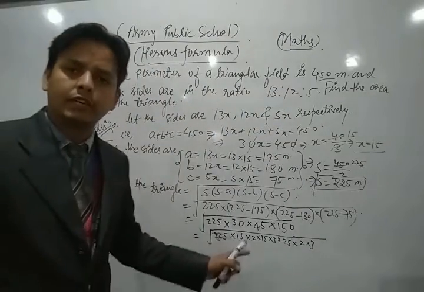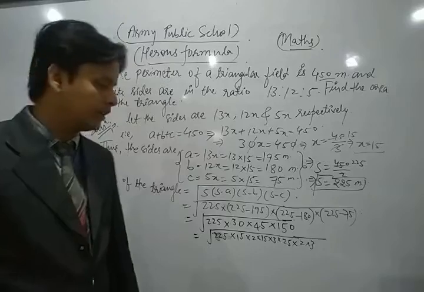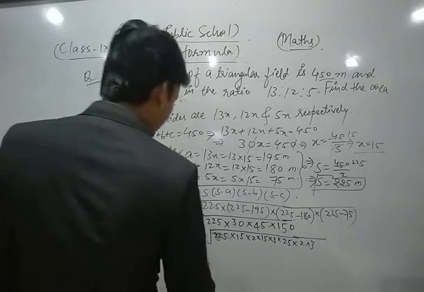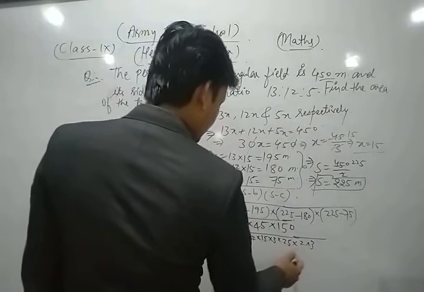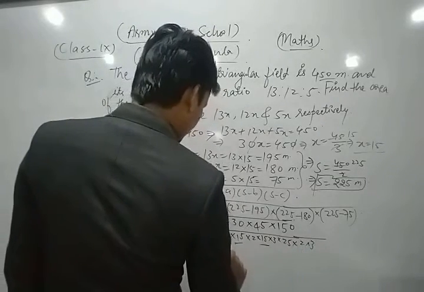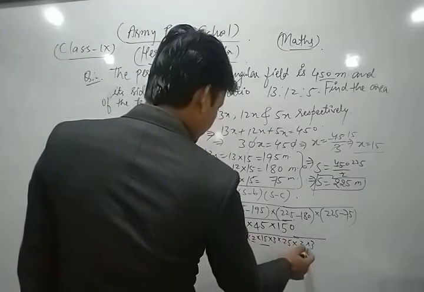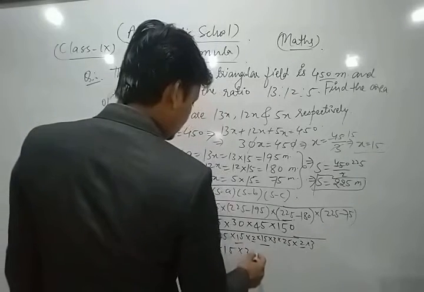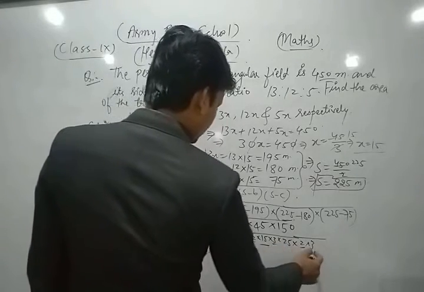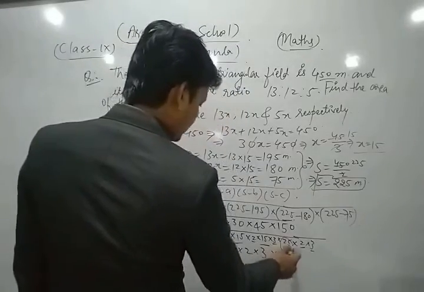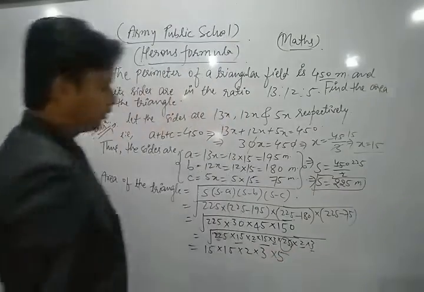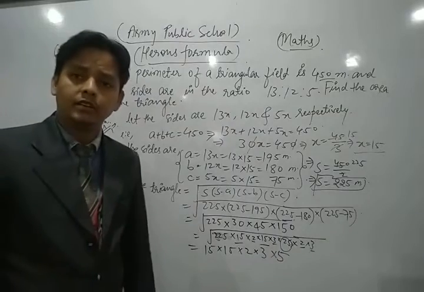We factorize them, and because of the pairs, we take common out from the square root: 15 into 15 is a pair, so 15 comes out; 2 is also a pair, so 2 comes out; 3 is also a pair, so 3 comes out; and the square root of 25 is 5, so 5 comes out.